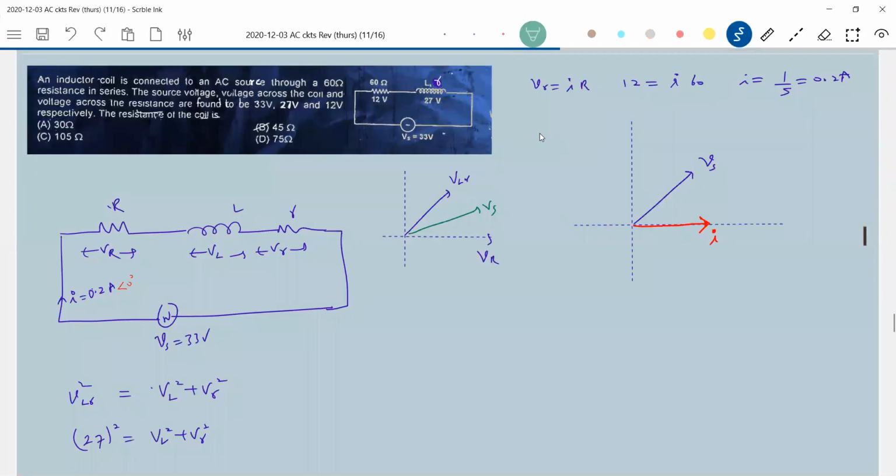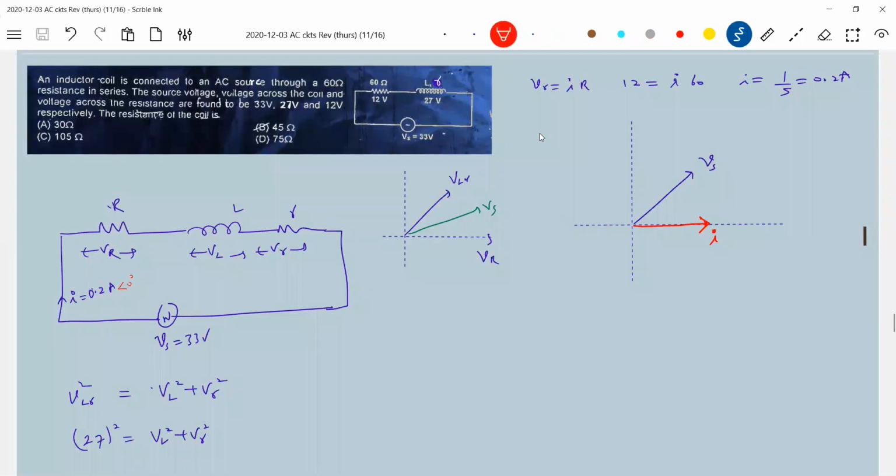Agreed? So therefore, this VLR, I'm going to show it here. Okay, now somehow we are bringing in the voltages. This is the relationship between them.